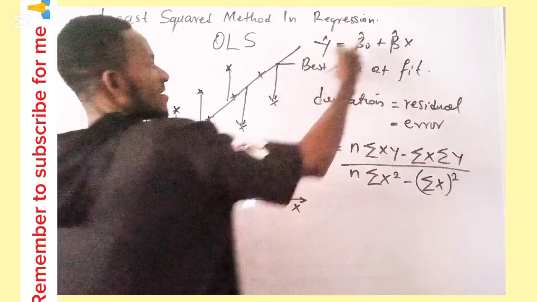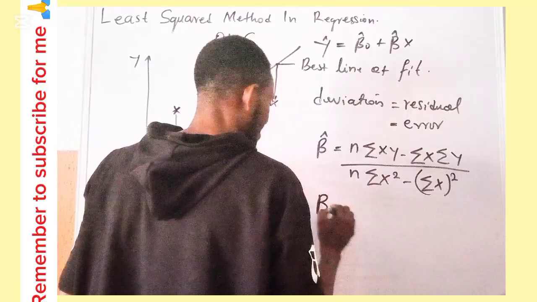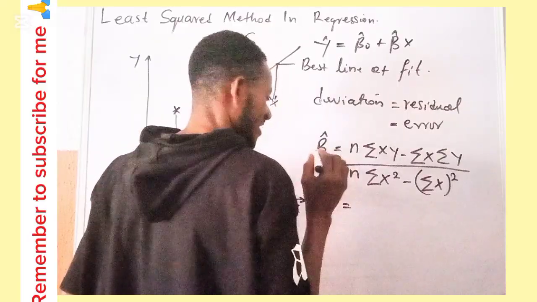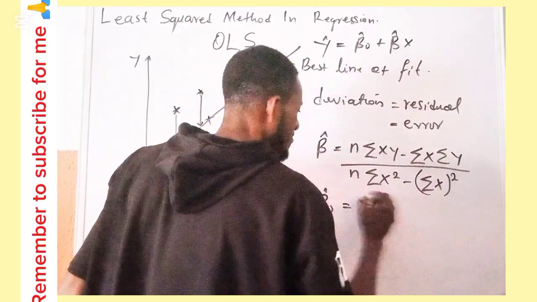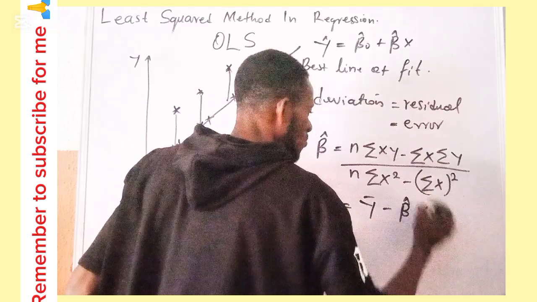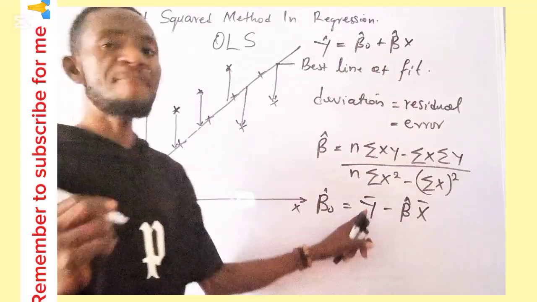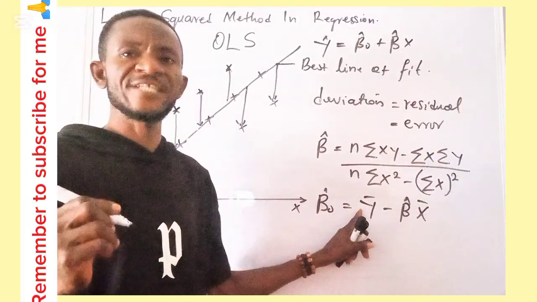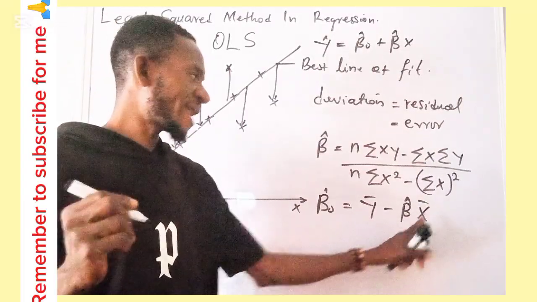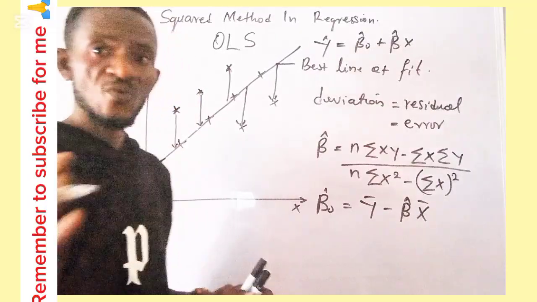And then the estimator for beta 0 is given as beta 0 cap equals y bar minus beta cap times x bar. And do remember that y bar means the mean of the response variable y, and x bar means the mean of the independent variable x.